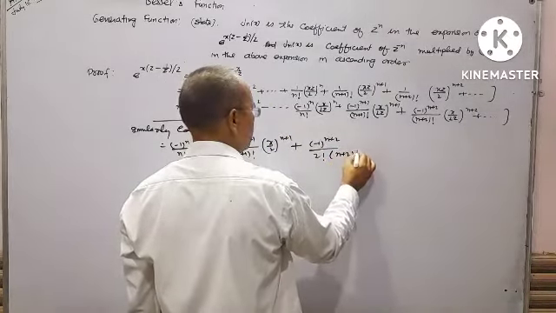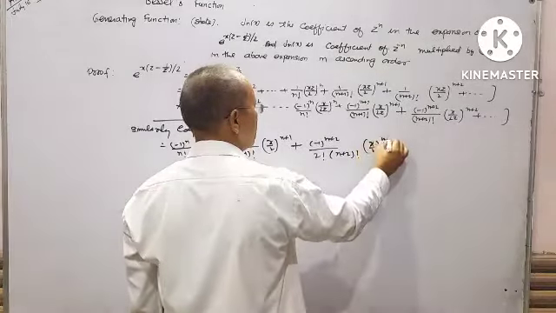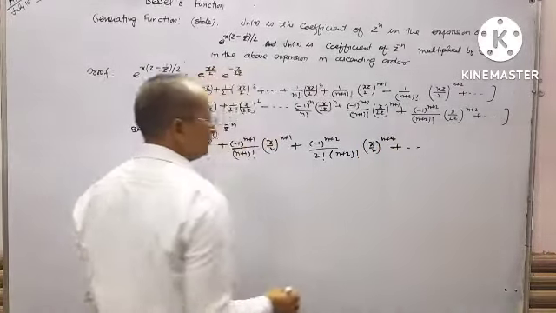minus 1 to the power n+2 upon factorial n+2 (x/2)^(n+4) plus and so on.